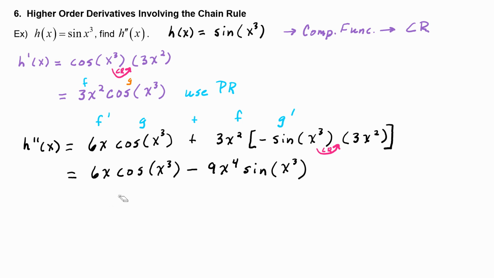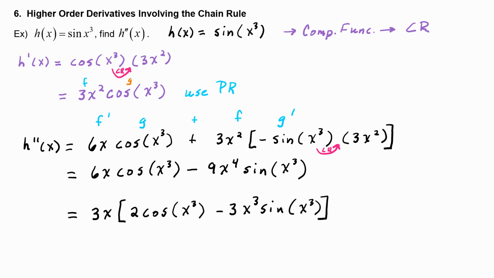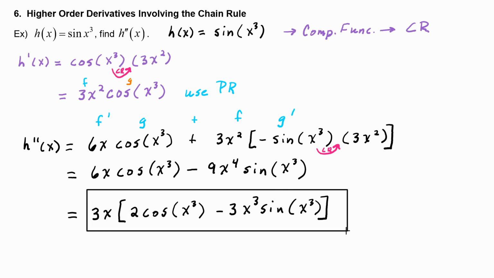Now from these two terms, we can factor out a 3x, and we have left 2 cosine of x cubed minus 3x cubed sine of x cubed. And there's our derivative in factored form.